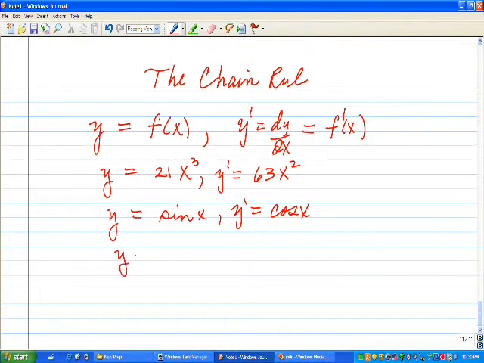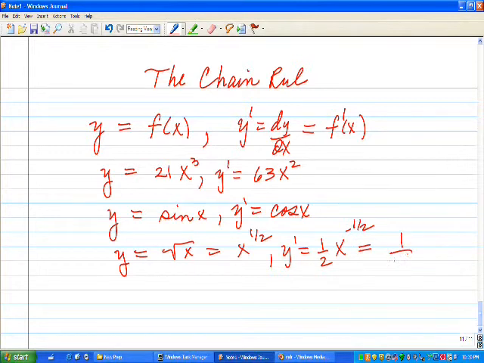If we have y is equal to the square root of x, we can write that as x to the 1/2 power, and we know that y prime is equal to 1/2 x to the minus 1/2 power, which is equal to 1 over 2 times the square root of x. And one more simple example, if y is equal to the tangent of x, we know that y prime equals secant squared of x.